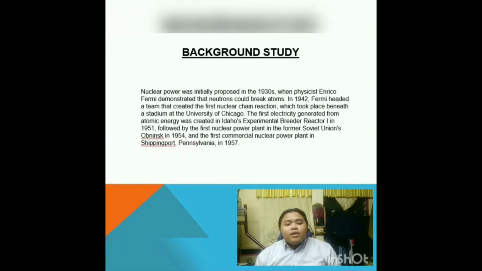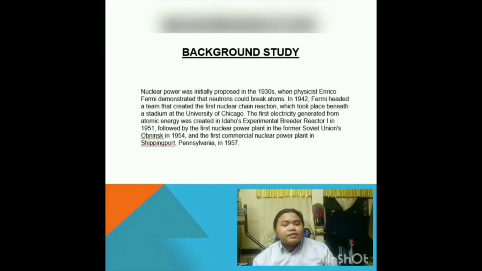Okay, the next one I will tell you about is the background study, the history of nuclear power generation. Nuclear power was initially proposed in 1930 when physicist Enrico Fermi demonstrated that neutrons could break atoms. In 1942, Fermi had a team that created the first nuclear chain reaction, which took place beneath a stadium at the University of Chicago.